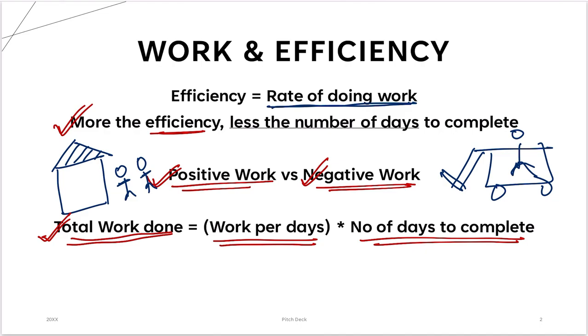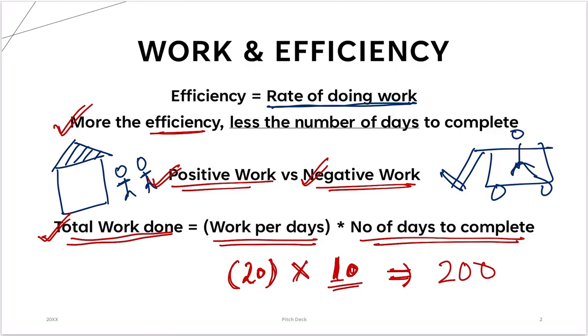Suppose, just as an example, 20 is the unit of work he does per day, and he completes a task in 10 days. What was the total work he needs to do? 200. 20 is the amount of work per day into 10 days. So 200 is the total work needed to complete the house.